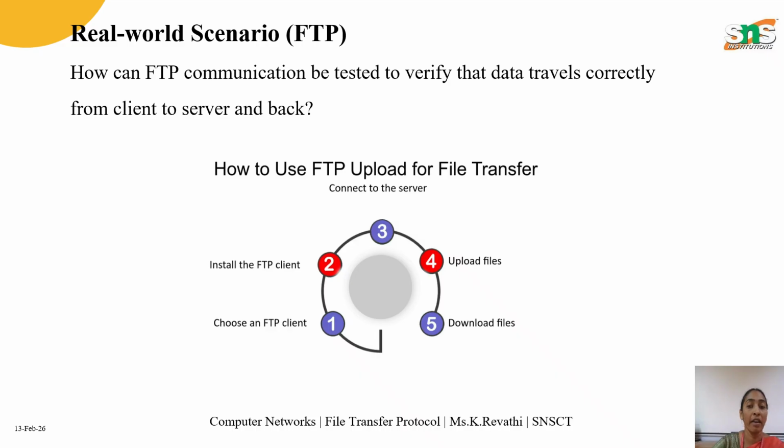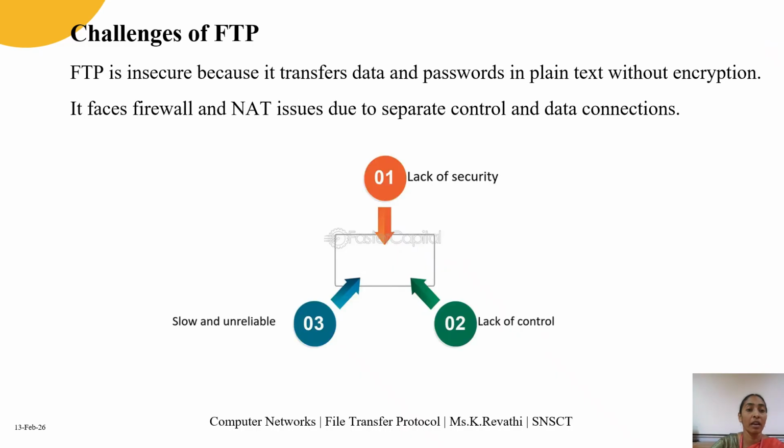But it has some challenges: data and passwords are sent in plain text. There is no encryption, and it causes a security risk. There are also firewall and NAT issues due to multiple connections. Because of this, versions like SFTP and FTPS are preferred today.